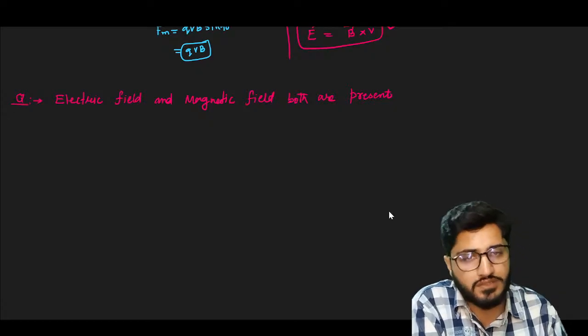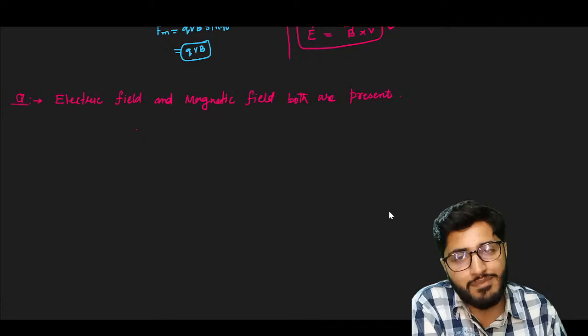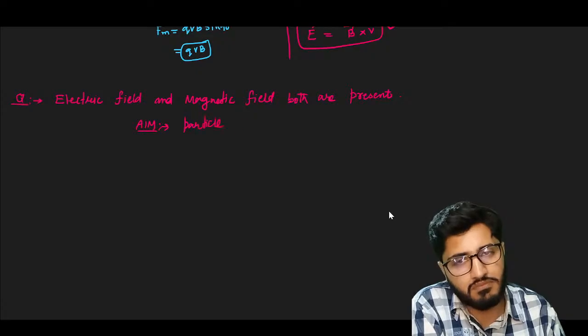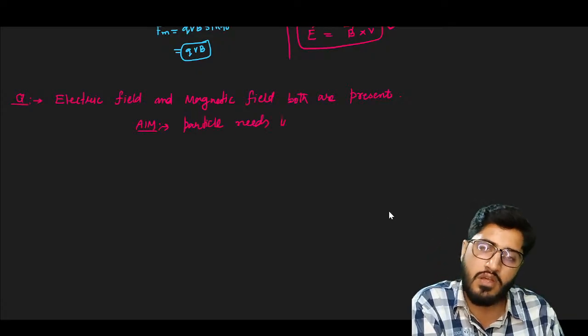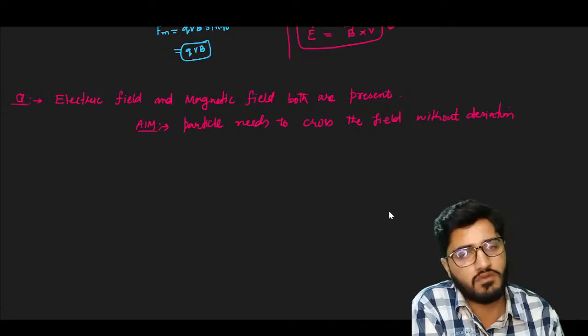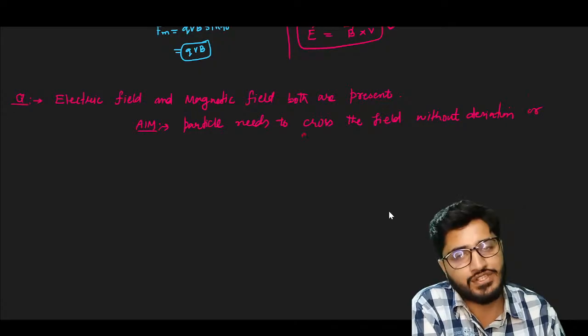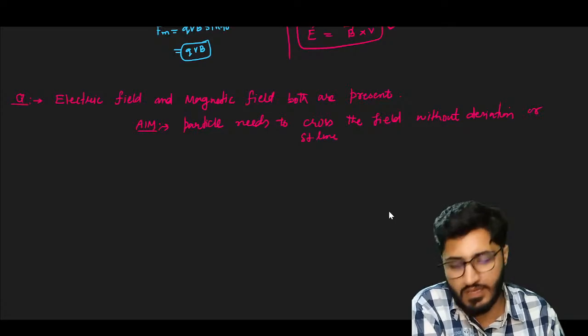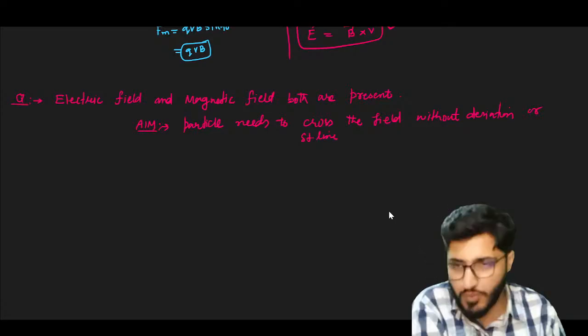My aim is that I need my particle to cross the field without deviation, or in a straight line. Now I will give some options. Option number first.